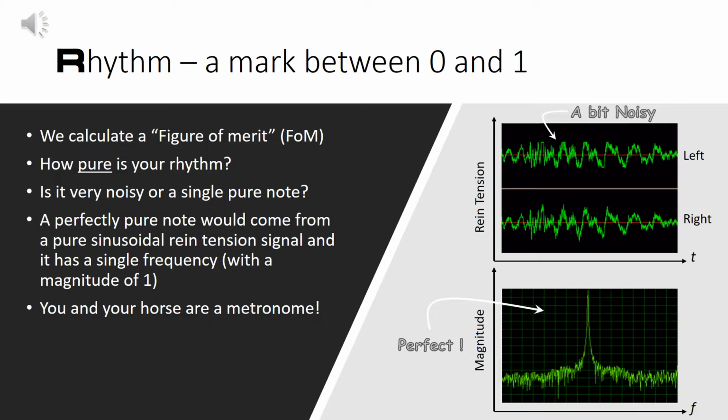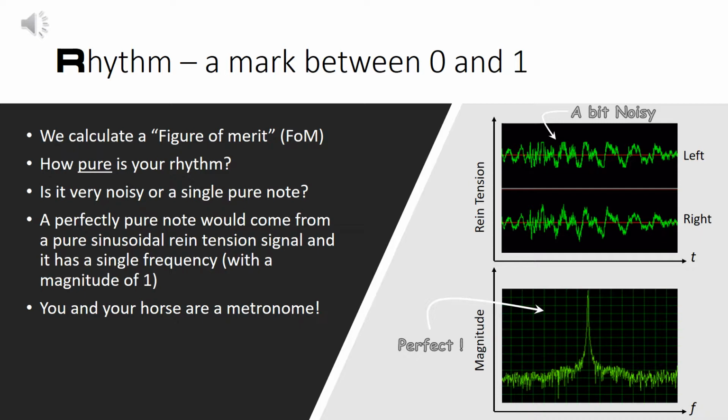So the picture in the upper right hand side shows what might happen with left and right rein tension that's a little bit noisy as you're going around the arena. And what we can do, it's very clever in Synchronicity, is calculate how much of the perfect signal is contained inside that noisy signal. And if we get it absolutely right, or if your riding is good enough, then you get a perfect single note frequency.